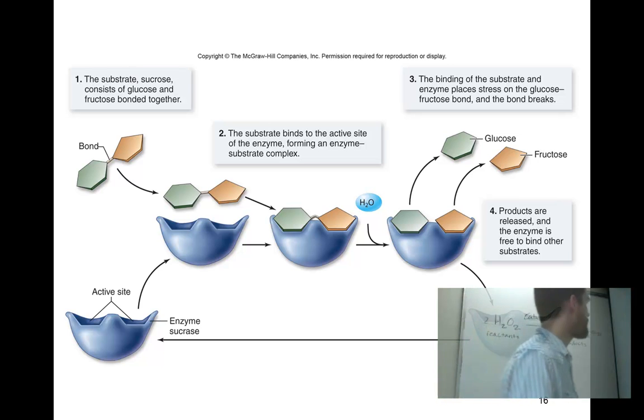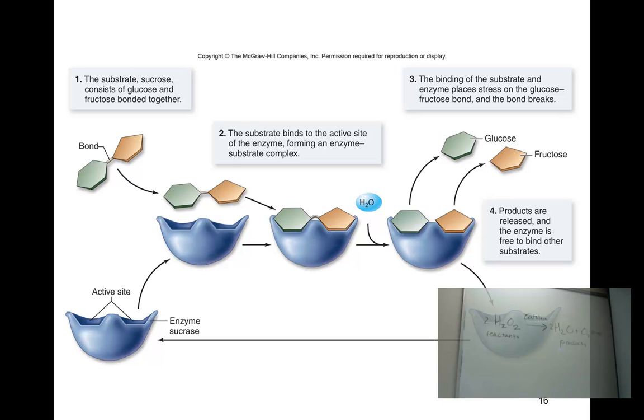Here's an example from your book. You have sucrose, which is made of glucose and fructose bound together. When it binds to an enzyme, that enzyme causes stress on the bonds and it causes them to break through a hydrolysis, so it requires the water molecule.